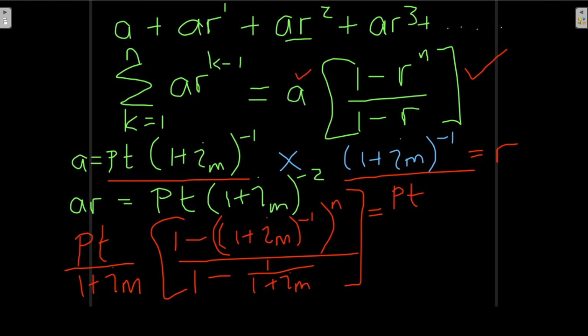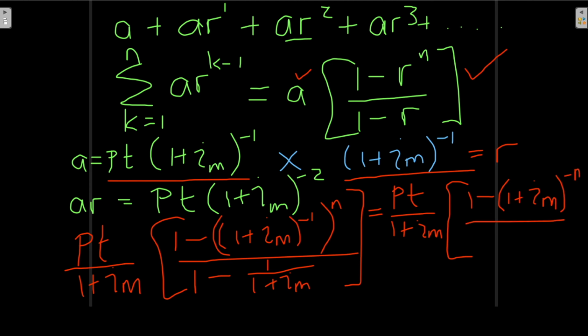I hope that I will fit it in here. 1 minus (1 + i_m)^-1, everything to the power N, can be written as (1 + i_m)^-N, divided by, and now I write this 1 minus 1 over (1 + i_m) on the same denominator, so that will be (1 + i_m) minus 1, everything on (1 + i_m).